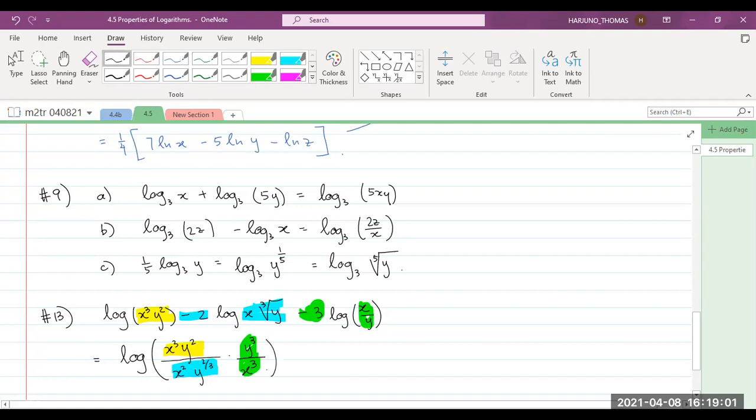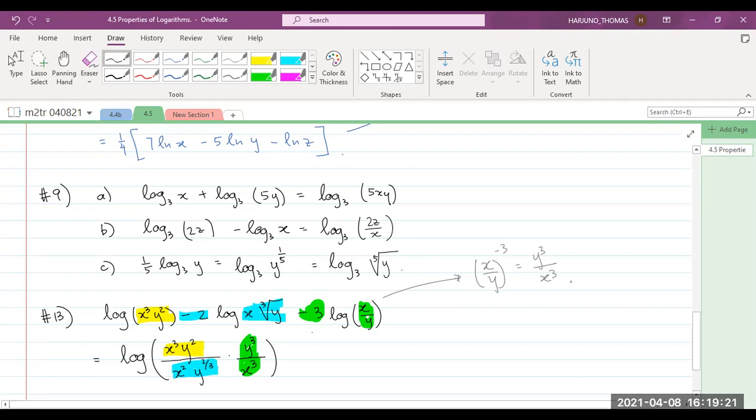Now take a look first. This guy is x over y to the power of -3. That is y cubed over x cubed. Now anything after that is simplifying.